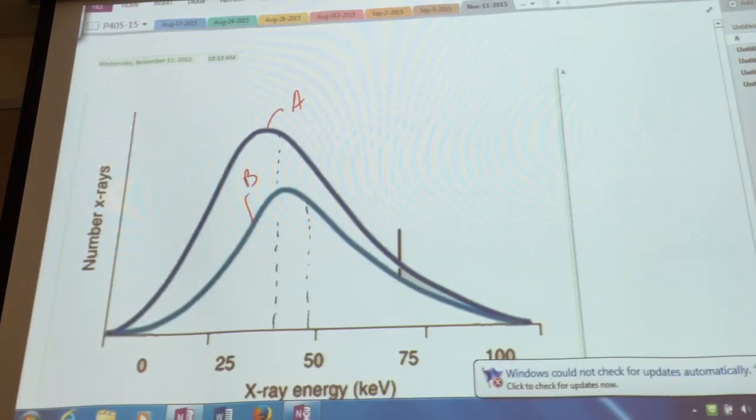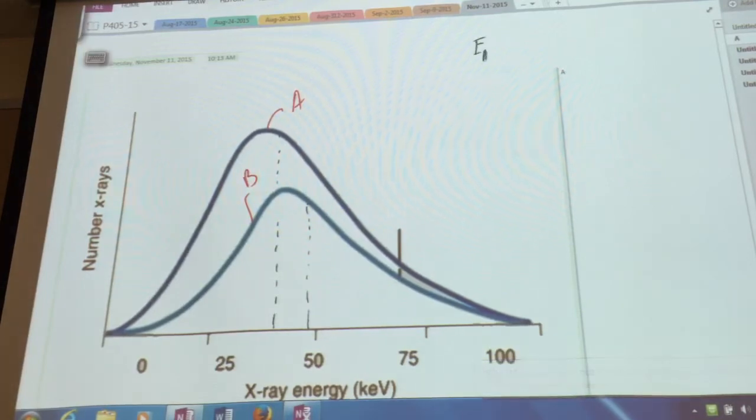So, let's see, what do we got thus far? The average of A is approximately, let's call it 40, and the average of B is approximately.